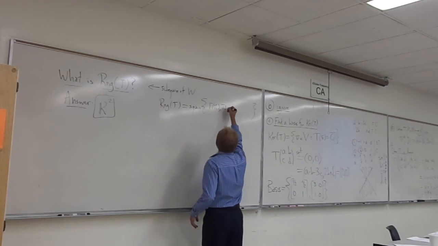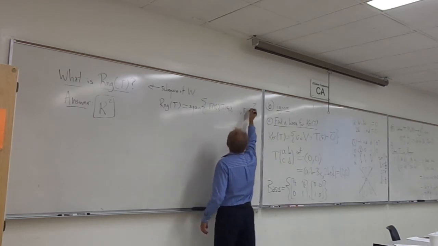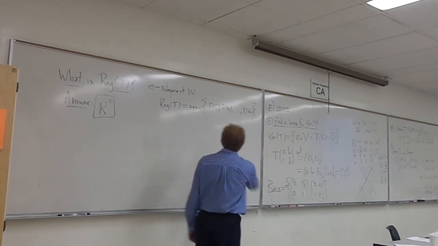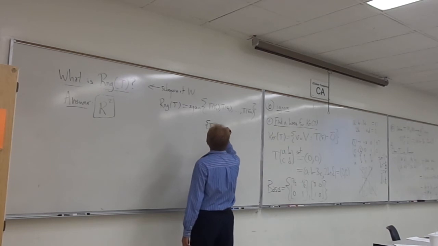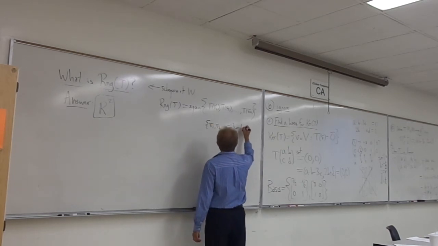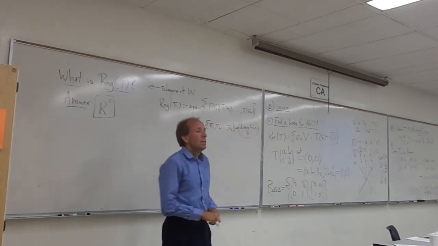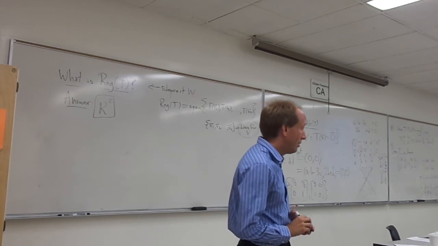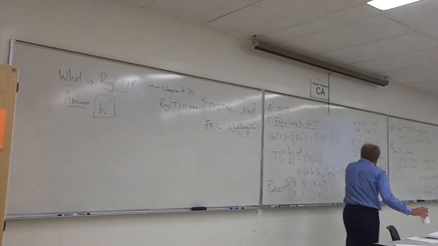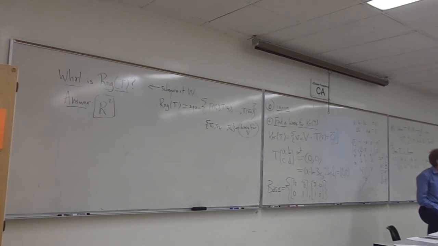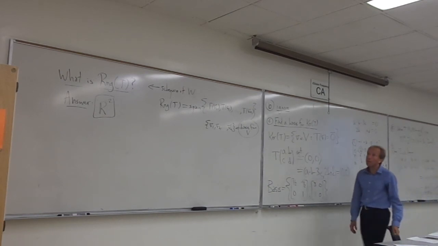T of V1, T of V2, up to T of Vn, where V1, V2, up to Vn is a basis for V. So you take a basis for V, and of course here we have a 4-dimensional space, so you would have 4 vectors. You would transform all of them, and you would write the word span in front of that. And it would be a subspace of W.